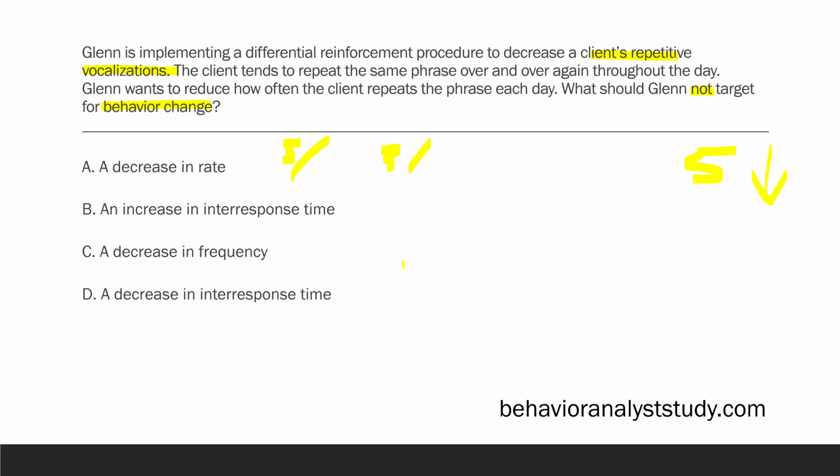If we look at D, a decrease in inter-response time, that's going to be the opposite of B. If we go from every 4 hours to every 2 hours, let's say that phrase is repeated, now the phrase is going to happen more. So if we're trying to decrease something, we don't want to decrease that inter-response time. We would want to increase that inter-response time. So Glenn, if he's trying to decrease or reduce how often the client repeats the phrase each day, he should not target a decrease in inter-response time.